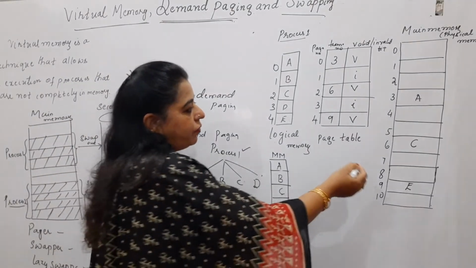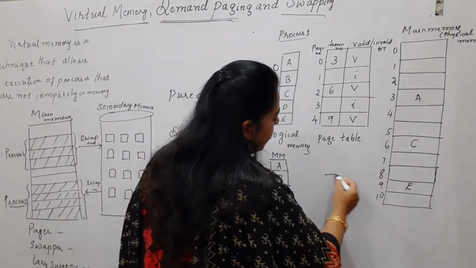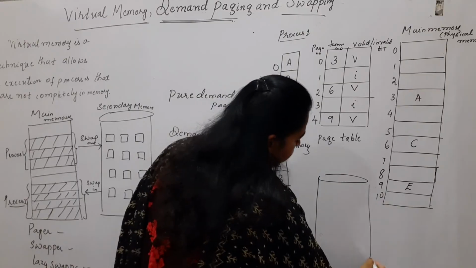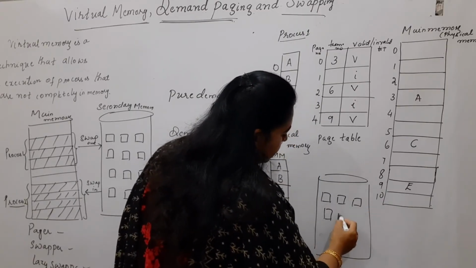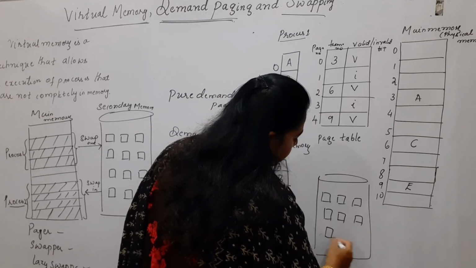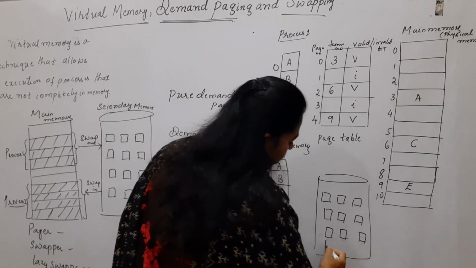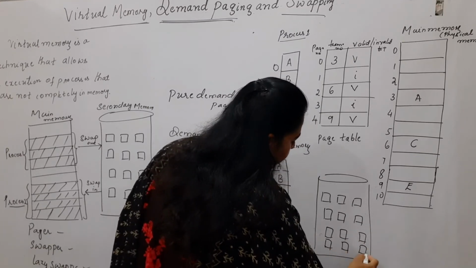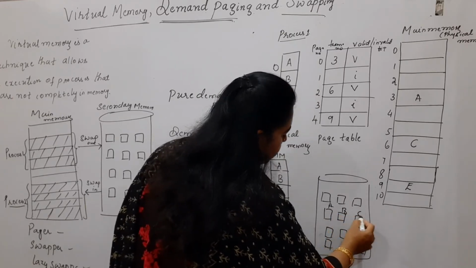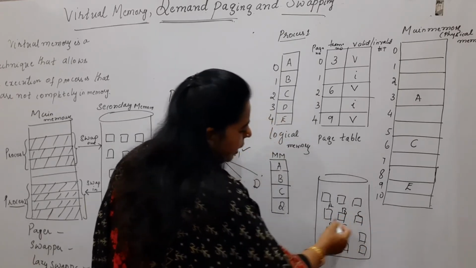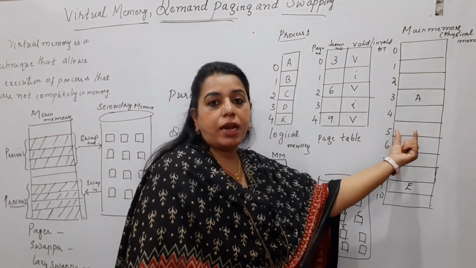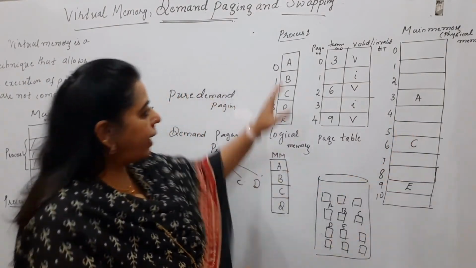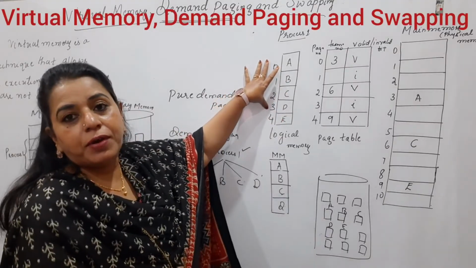And moreover, these pages are getting loaded into the main memory from the secondary memory. I can show it with this diagram in the secondary memory: A, B, C, D and E. These 5 pages belong to process P1. So from here, these pages are getting loaded into the main memory. But what I am showing here is the virtual memory.